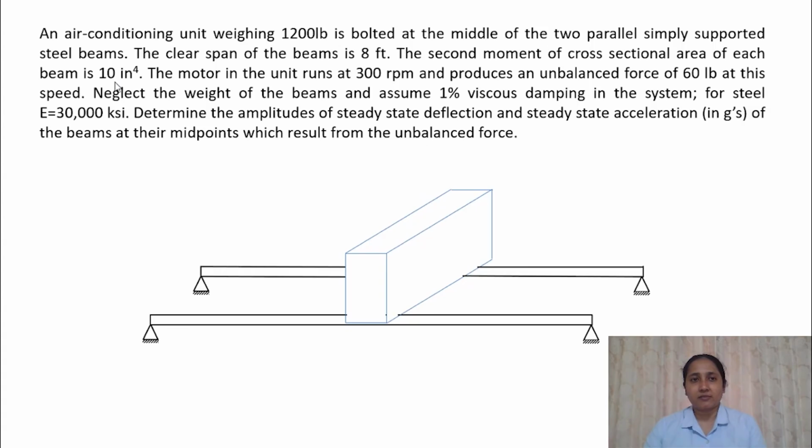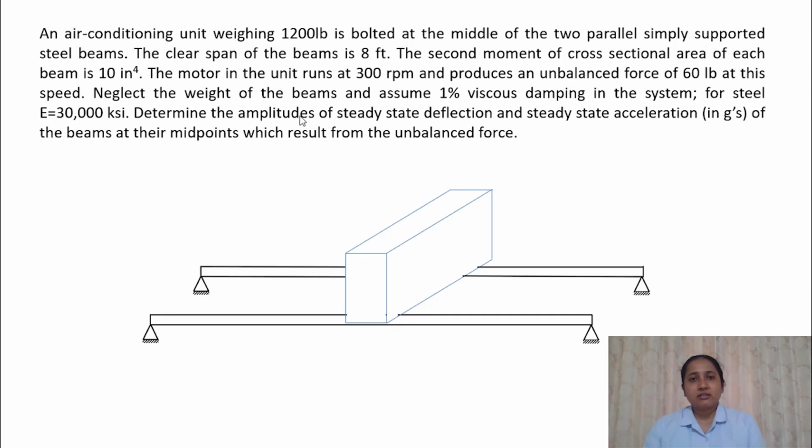So that is I. The motor in the unit runs at 300 rpm and produces an unbalanced force of 60 pounds at this speed. Neglect the weight of the beams and assume 1% viscous damping in the system. For steel, E is given as 30,000 ksi, that is kips per square inch, similar to Newton per square millimeter.